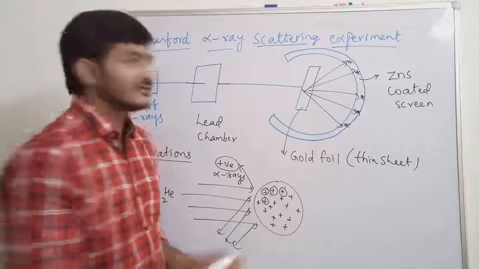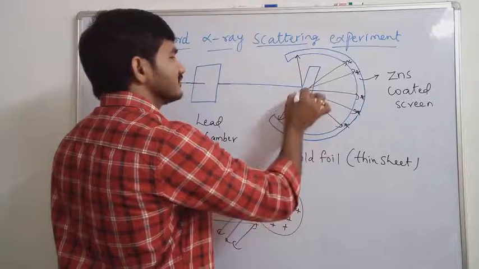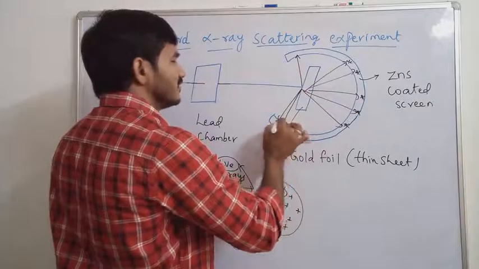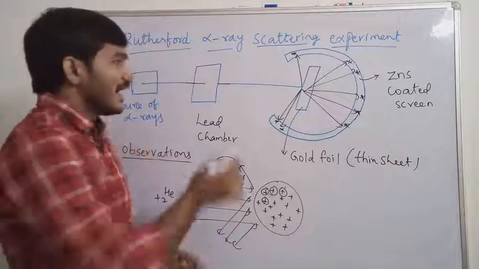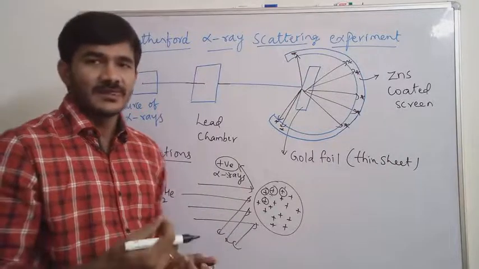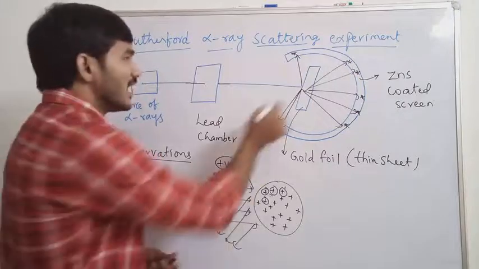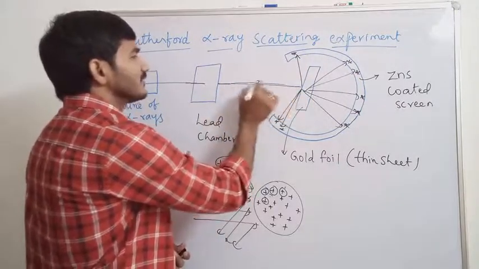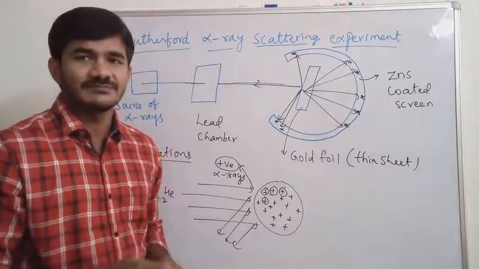And a few rays are deviating with certain angles. A few rays are deflecting with certain angles. And very few rays, 1 out of 20,000, are bouncing back along their path. So these are three main observations.